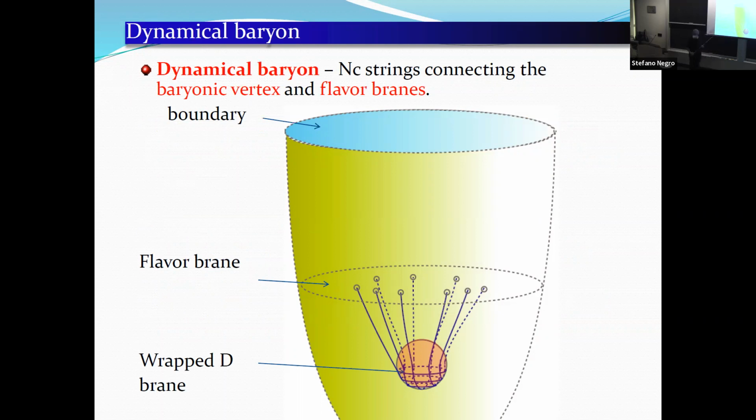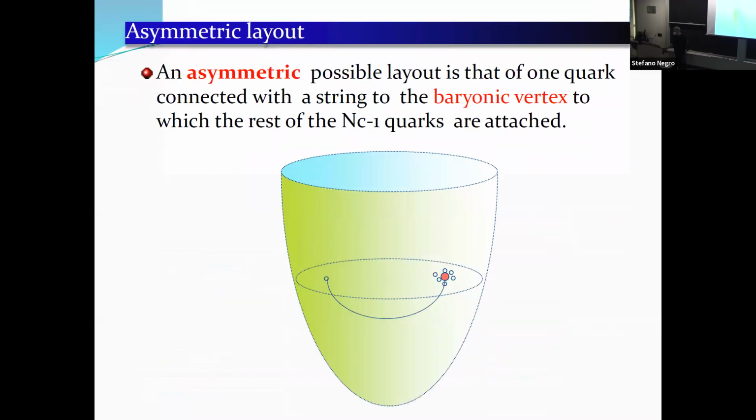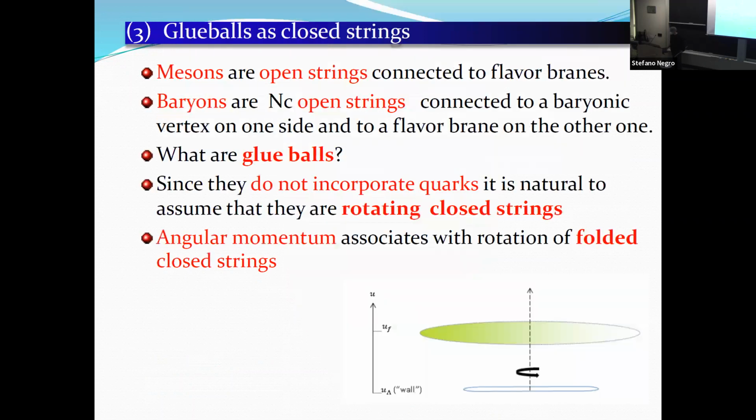Now we can have different layouts, a symmetric one, an asymmetric one, and what will be chosen is, of course, the configuration that has the lowest energy. Mesons, baryons and glueballs are now quark-associated, and a glueball will be simply a folded closed string.